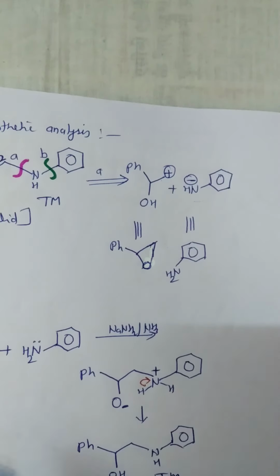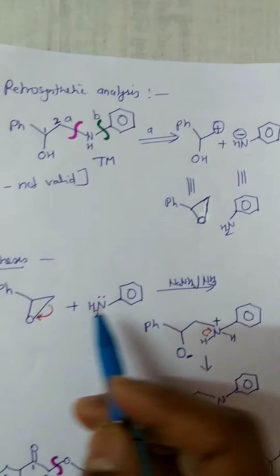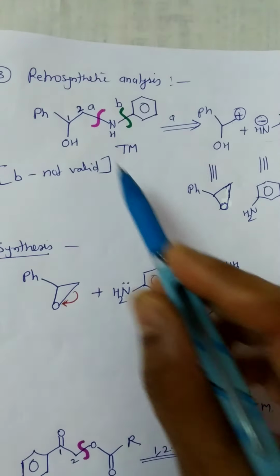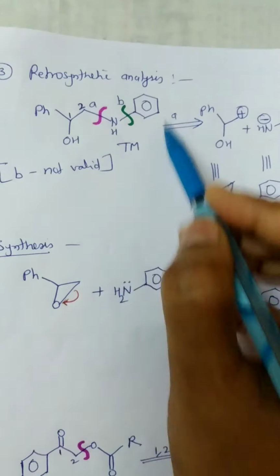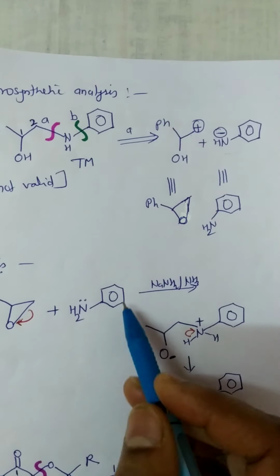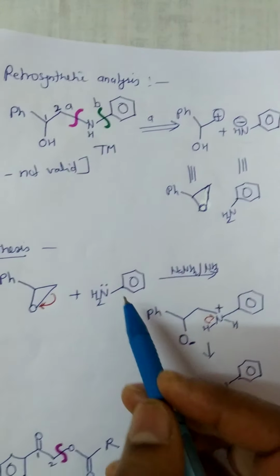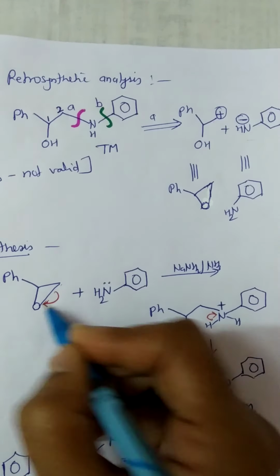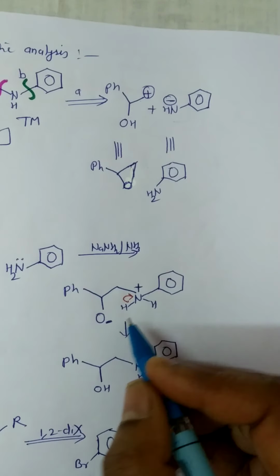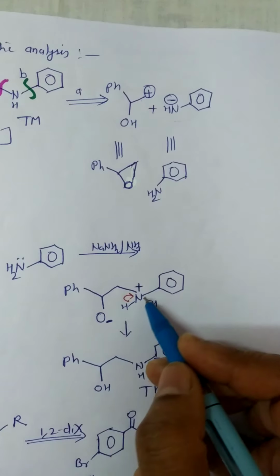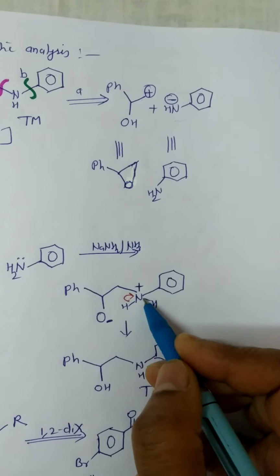And on synthesis, we add here the starting material which is obtained after the retrosynthetic analysis of this target molecule. This is the starting material, and it reacts with this aniline. Here the electron displacement from this carbon to this oxygen atom, and we get this type of compound here, NH2 plus.